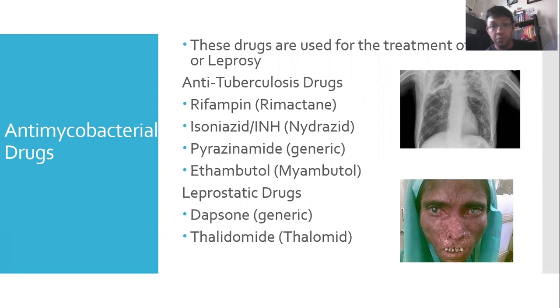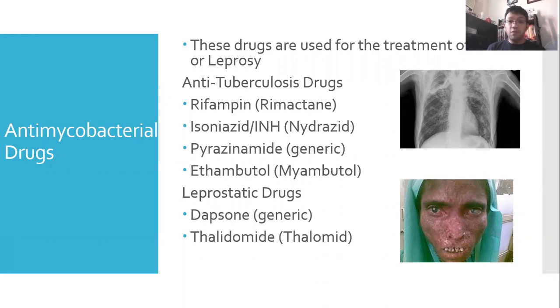Like this one, these are 4. They will take all 4 of these drugs in order to treat tuberculosis, or to kill Mycobacterium tuberculosis in their system. Sometimes streptomycin is added into the drug regimen. So we have rifampicin or rifampin, isoniazid, pyrazinamide, ethambutol, and streptomycin.